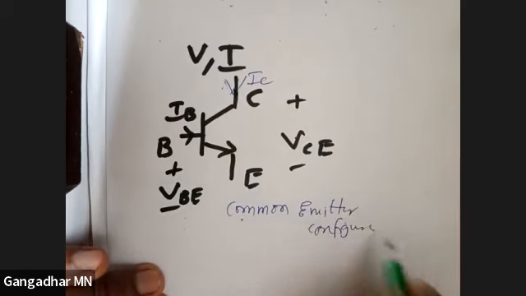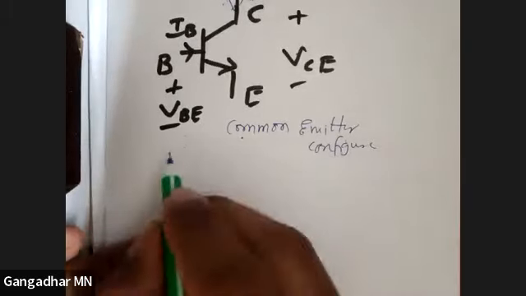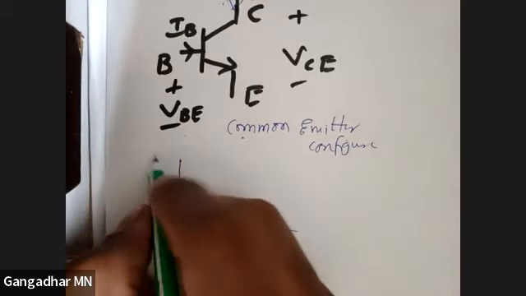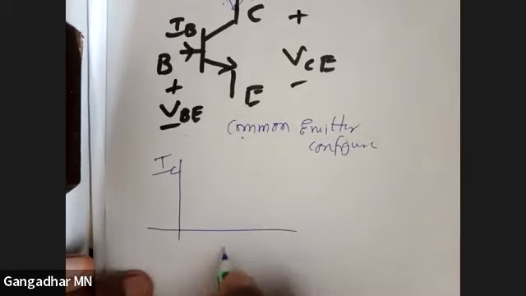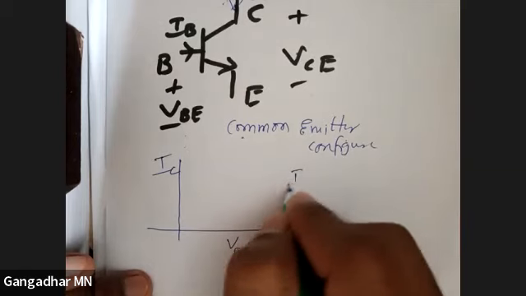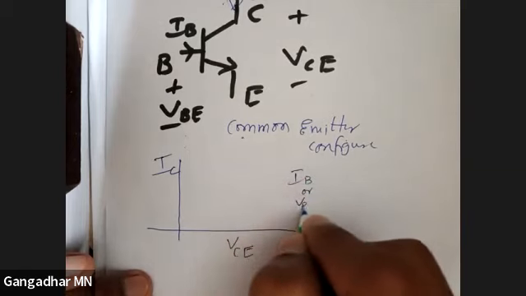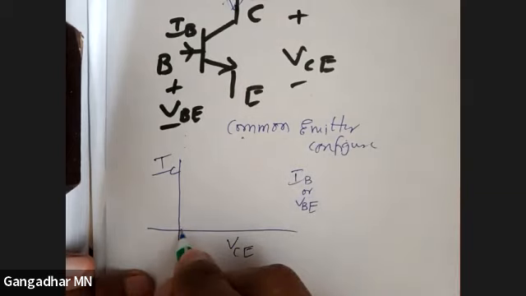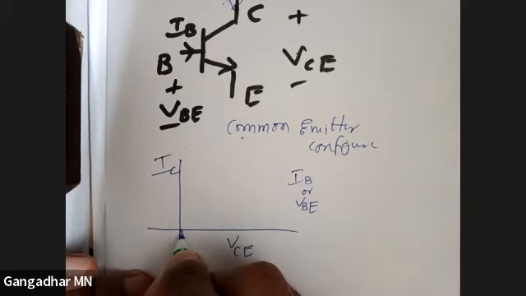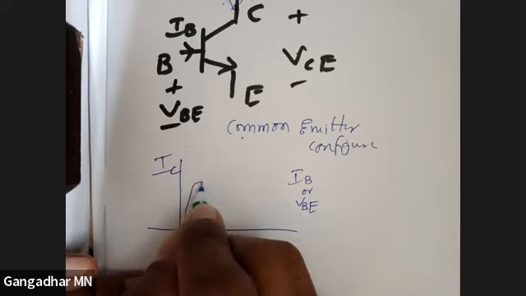So in a common emitter configuration, I will draw the graph between IC versus VCE at a constant IB or VB. This gives me how output current changes with the output voltage, and this is called output characteristics of transistor in common emitter configuration, and it would be something like this.